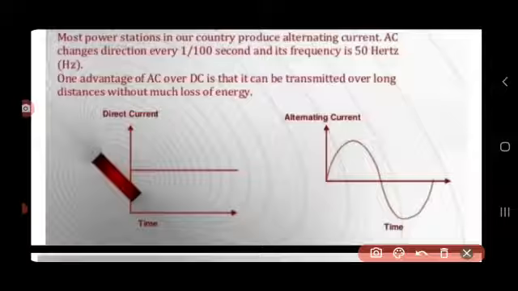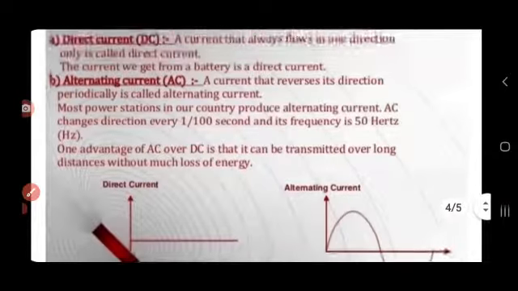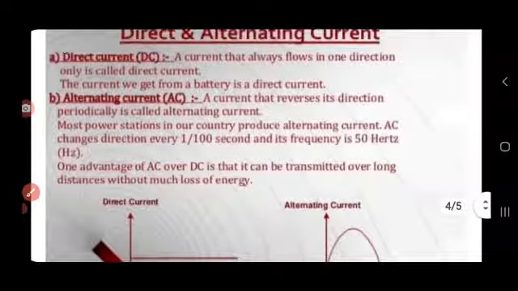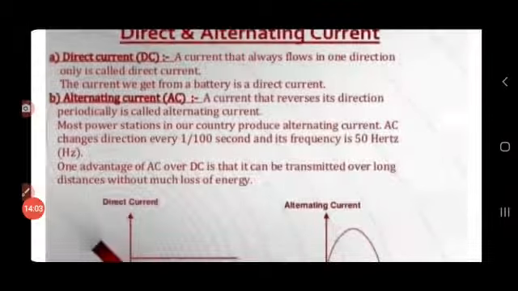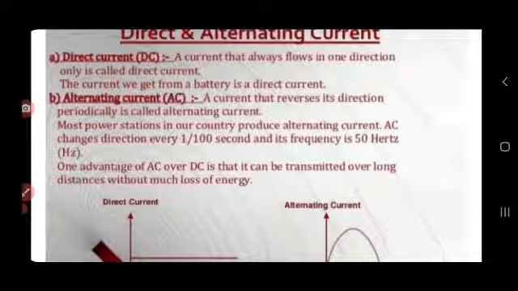And in India, frequency of AC is 50 Hertz. One advantage of AC over DC is that it can be transmitted over long distance without much loss of energy. In case of DC, it cannot travel through a long distance.